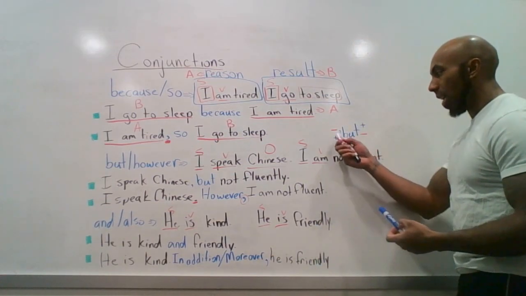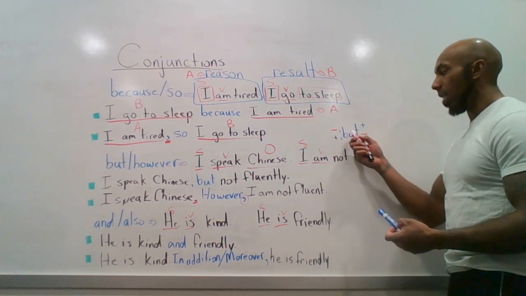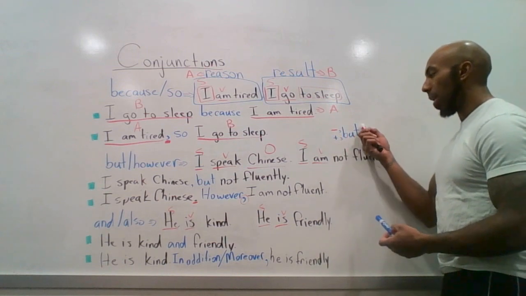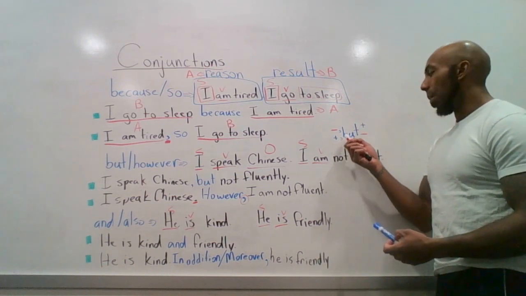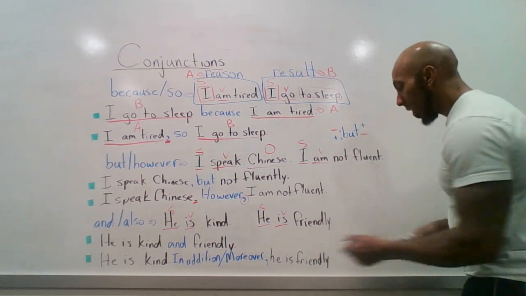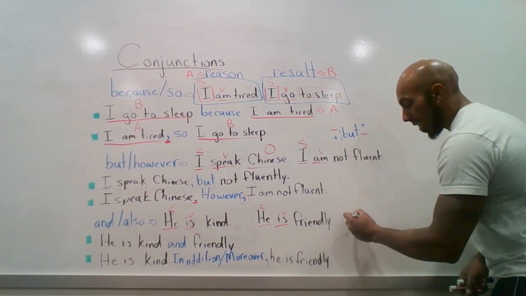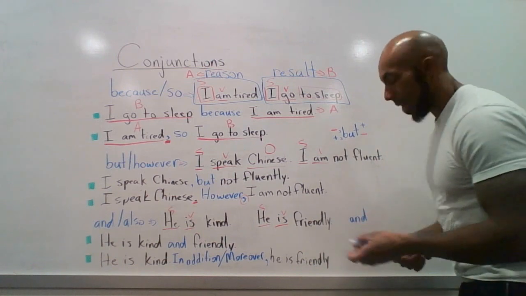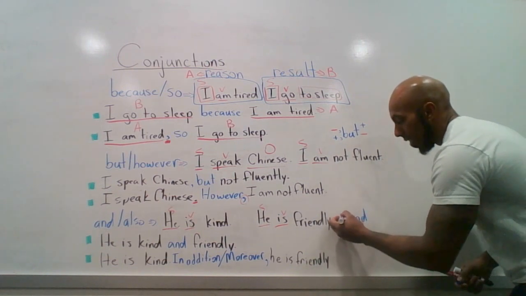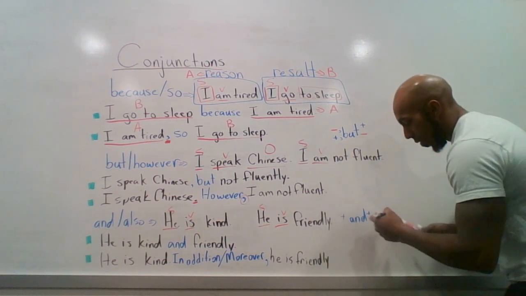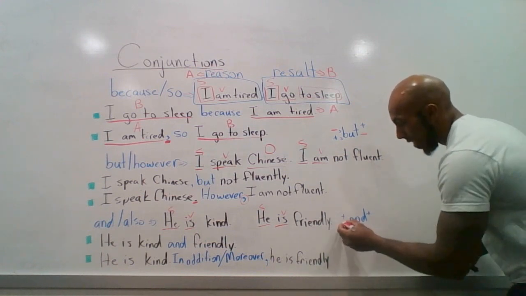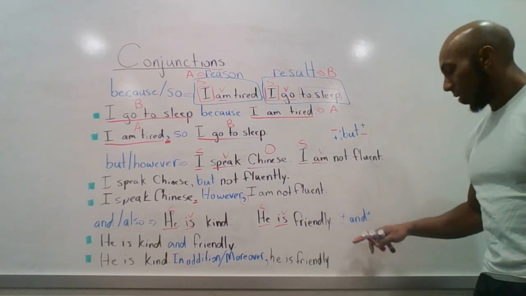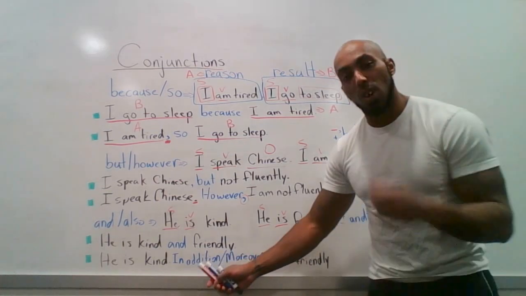Like I said for but, right, I have positive, comma, but, negative, or negative, comma, but positive. I can do the same thing for and, but and is like this. On both sides of the conjunction, it's the same idea. So I have positive and positive. Or I can have negative and negative. Okay? That's what and is. And it's the same for also.